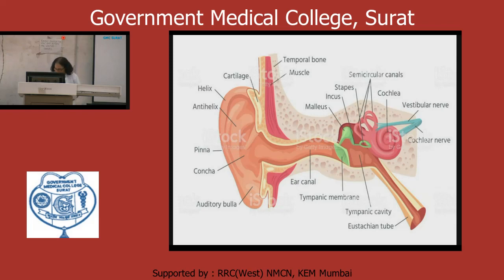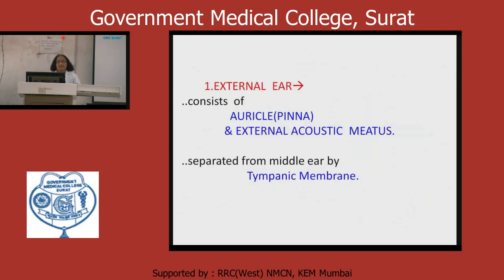Now first, the external ear. The external ear consists of first the auricle, also called the pinna, and second the external acoustic meatus. This is the external ear that we have discussed previously, separated from the middle ear cavity by the tympanic membrane.